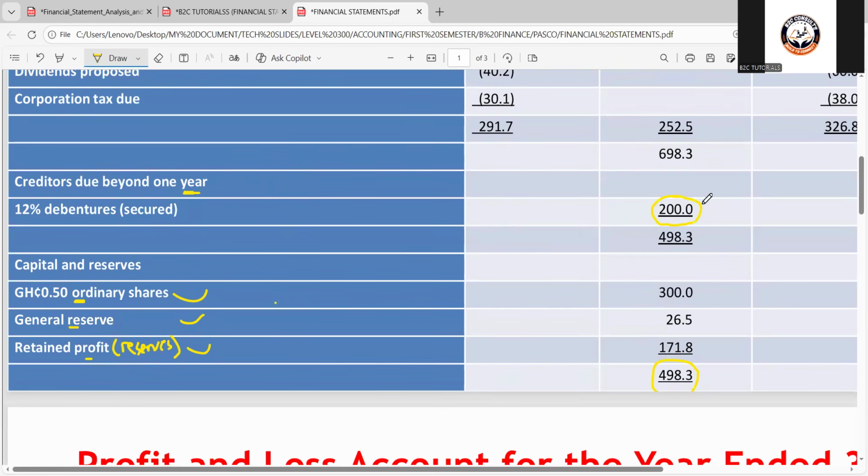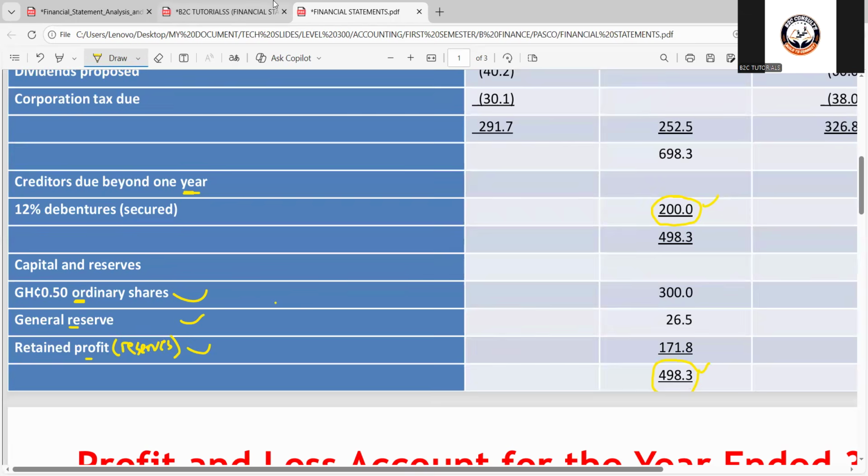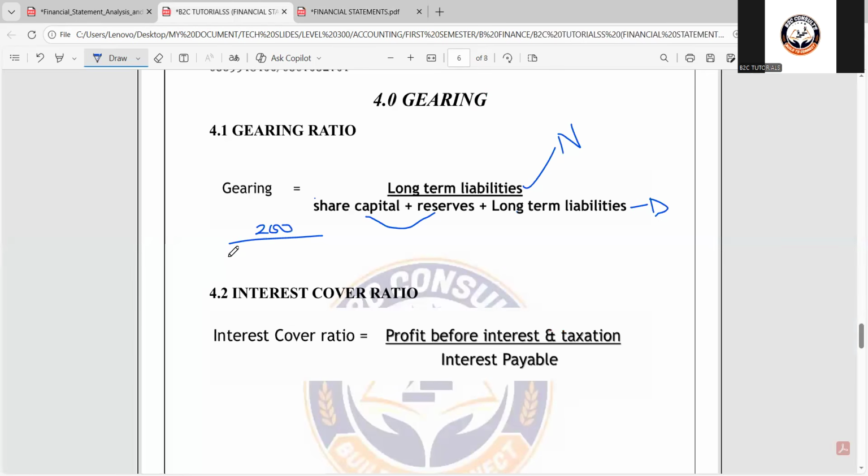Hence, the 200 divided by what belongs to the ordinary shareholders, 498.3, plus the 200 that we went to borrow. And that will give you the gearing ratio.